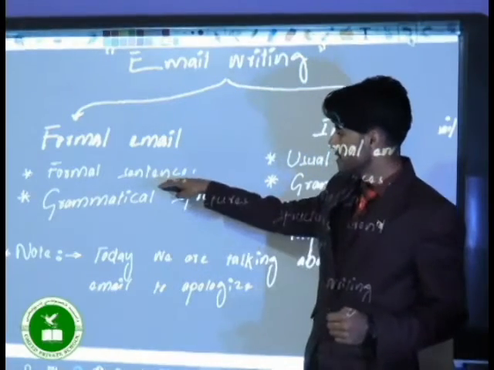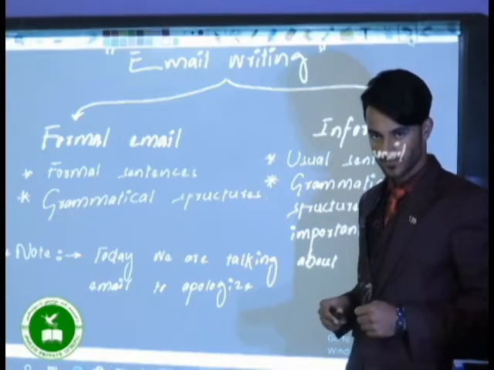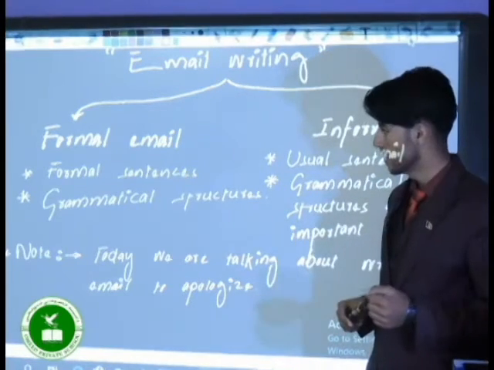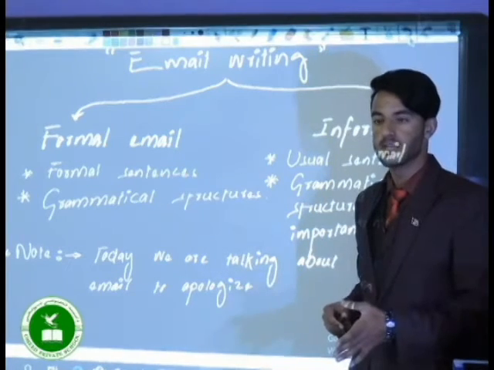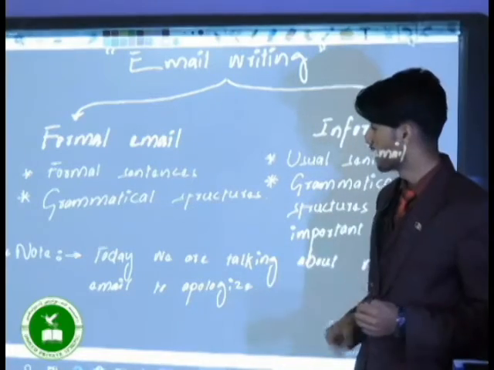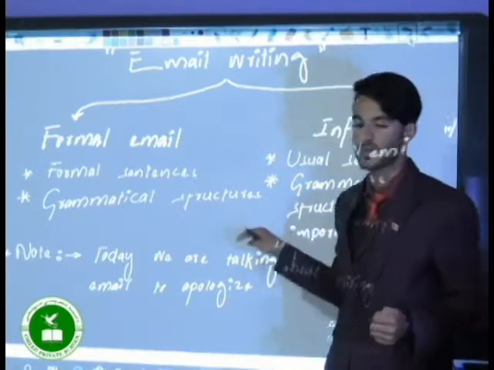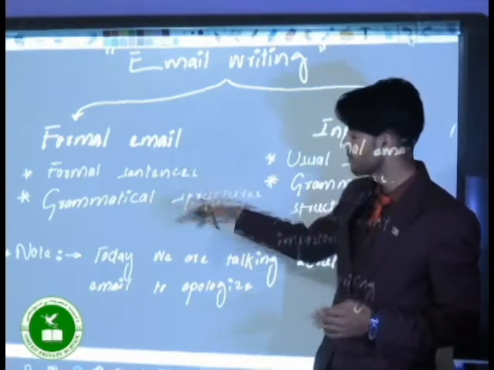In formal emails, the first step is formal sentences, which are very important, all right? Formal sentences, using polite sentences. The second point, which is very important, is grammatical structures. We're talking about formal email, so what's important?